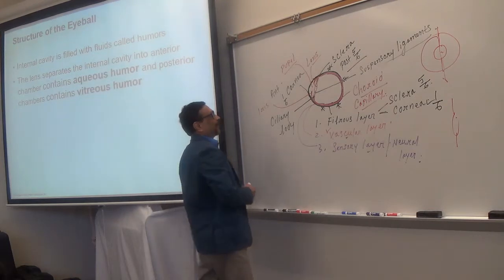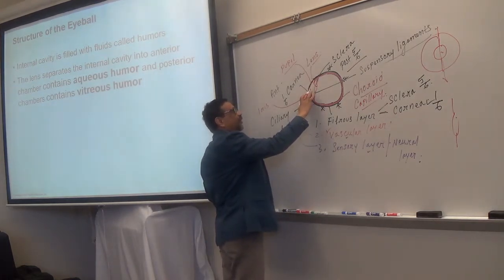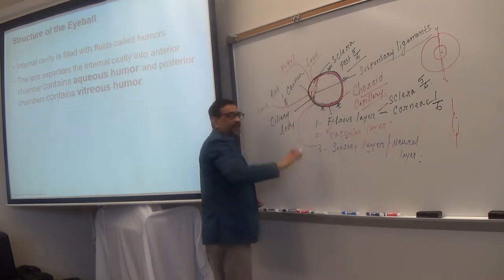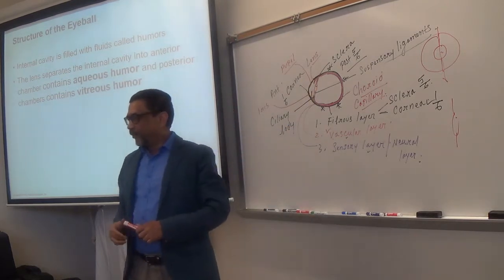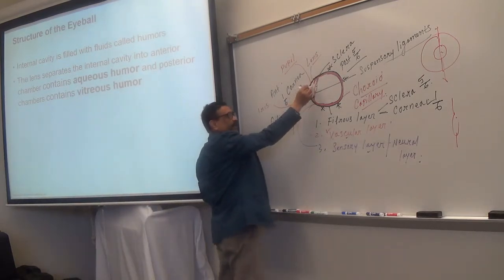Okay. Now we'll talk about the chambers. Inside the eyeball, you have two chambers. Smaller one is the anterior chamber here, and it is in the front of the lens. This is the lens.